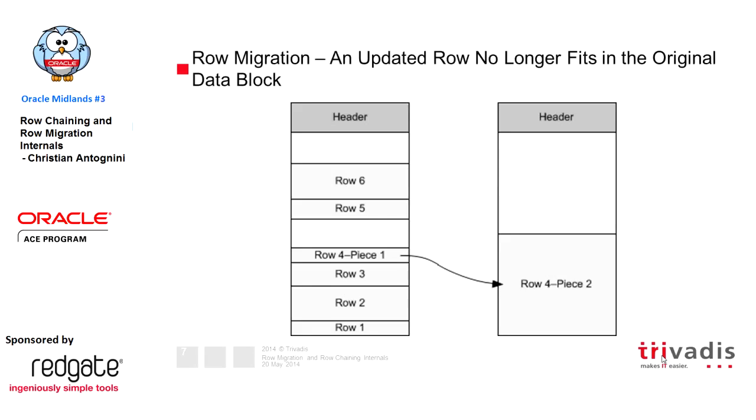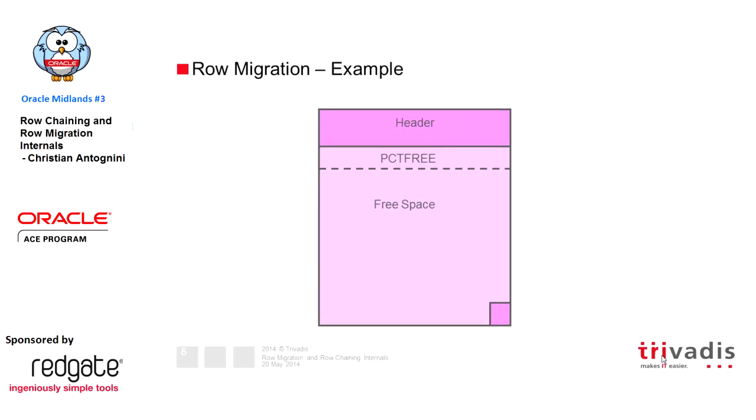Because if they change the row ID, of course, they should change all the indexes and references to it. If you have an application that uses the row ID, it would also be a problem. So they try not to change it. So they keep this piece even though it doesn't contain any real data. So everything is stored here. So this is a migrated row.